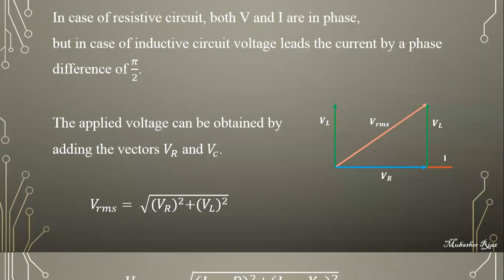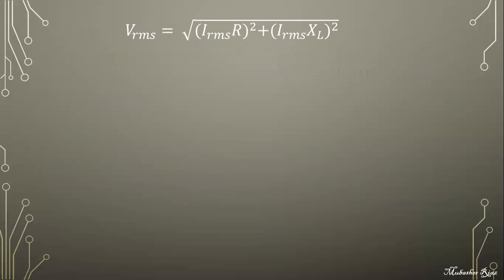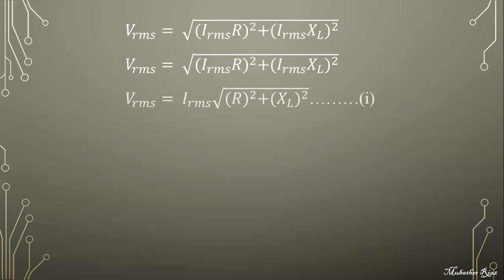So by using Pythagoras theorem, VRMS is equal to base square plus perpendicular square, where VR is base, VL is perpendicular. By putting their values, VR which is equal to IRMS into R and VL which is equal to IRMS into XL, where XL can be replaced with omega L. आप यहाँ XL को omega L के साथ भी replace कर सकते हैं. इसमें आप नोट करेंगे कि IRMS कॉमन है, तो कॉमन लेने के बाद R स्क्वायर प्लस XL स्क्वायर एंड होल स्क्वायर रूट, this is equation number 1. And VRMS over IRMS, इस IRMS को आपने यहाँ लेफ्ट पे शिफ्ट कर देना है.